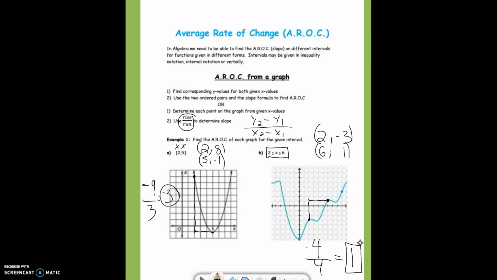Now, let's take a look here. Sometimes they're going to give you an equation, all right? So when they give you an equation, what we're going to do is, again, these are my x values. And you may want to get out your calculator for this if you have it, okay? So what I'm going to do is I'm going to plug in -4 for my x value, and then I'll get my y value.